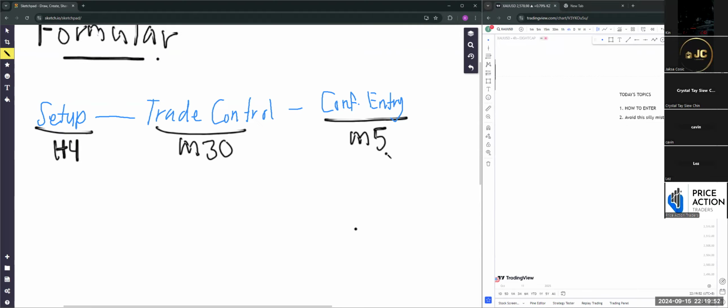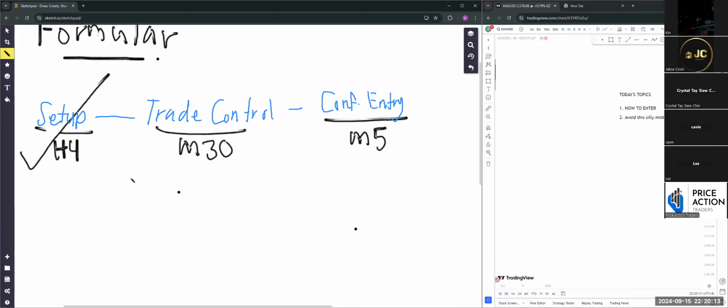So here's the question. Let's just say when you go to your charts, you find a good setup, which, as I said just now, is EG or EF. We already have a good setup.